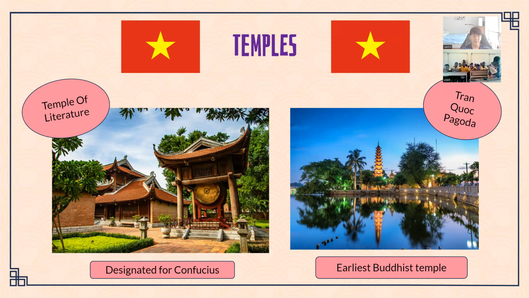And it's a really beautiful place. On the right here is another temple, one of the earliest Buddhist temples. You can see that it has this small temple here. Those are just some examples of Vietnamese temples.